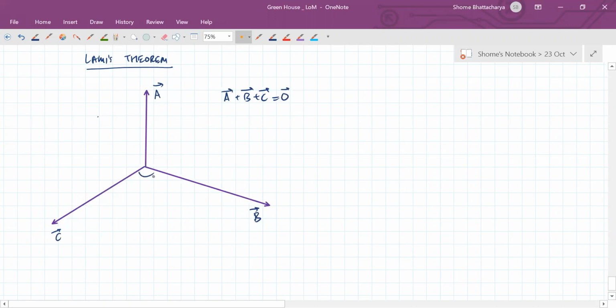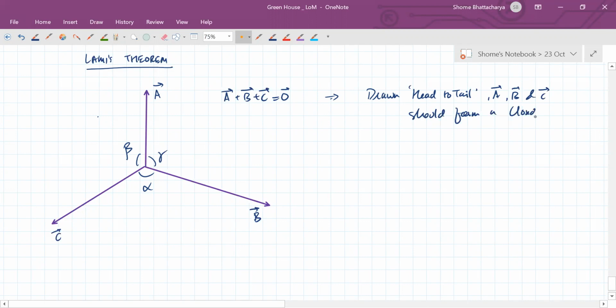That also means that when we draw them head to tail, vectors A, B and C should form a closed triangle.